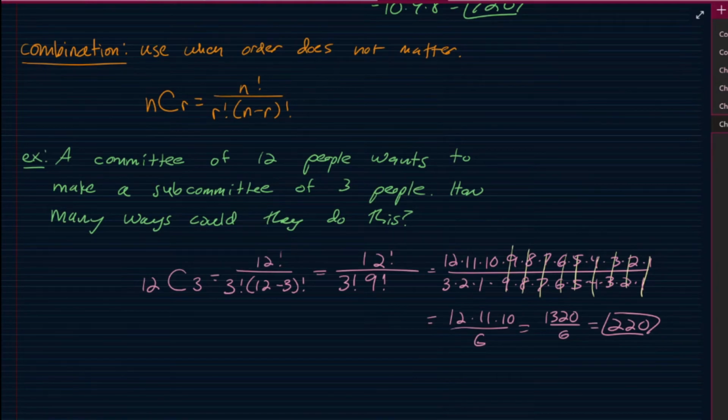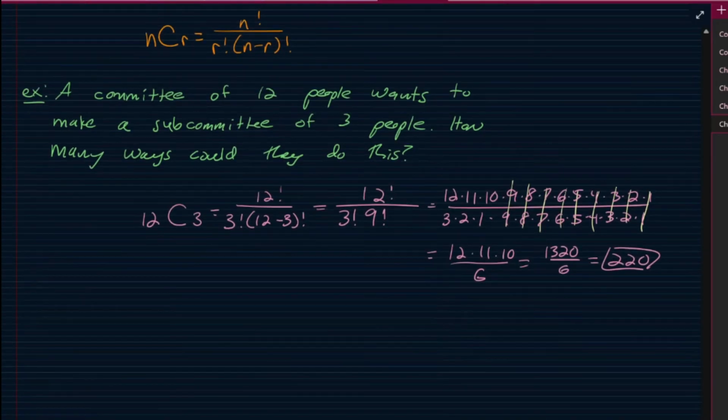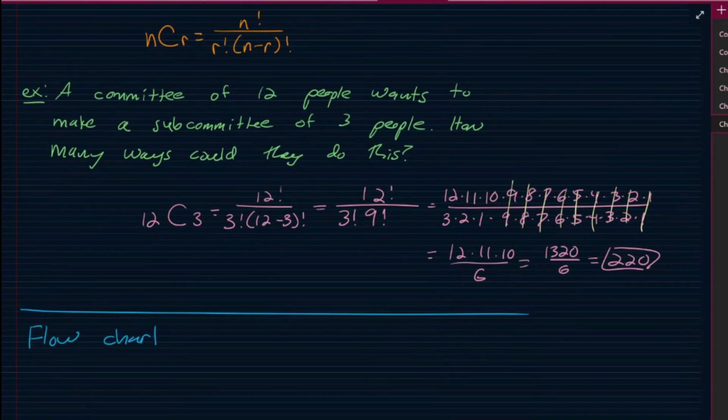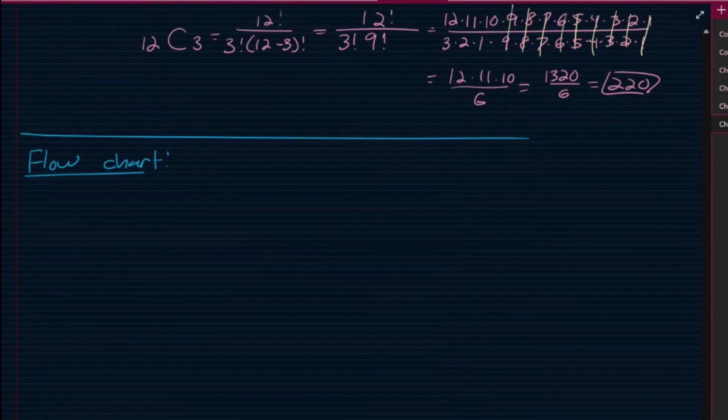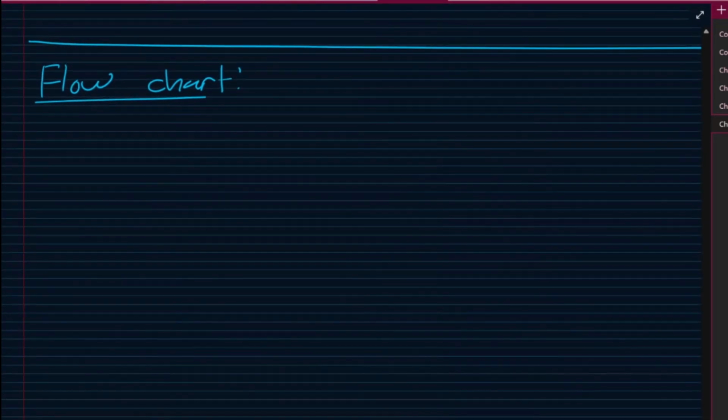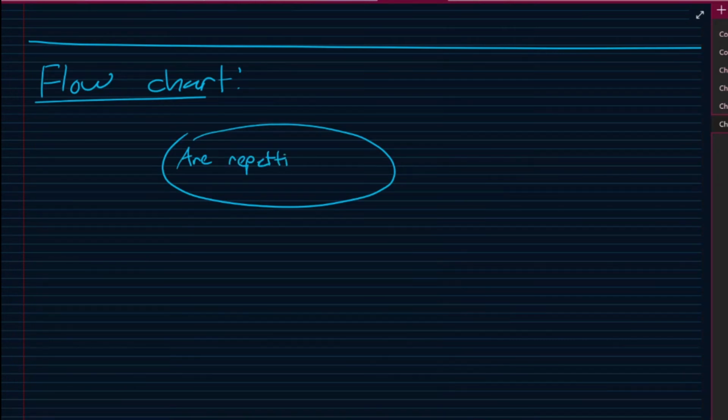So I always teach my students a little flow chart of how to decide which of these formulas to use. You have to ask yourself 2 questions. The first question is, are repetitions allowed? If yes, we can just use the fundamental counting principle.